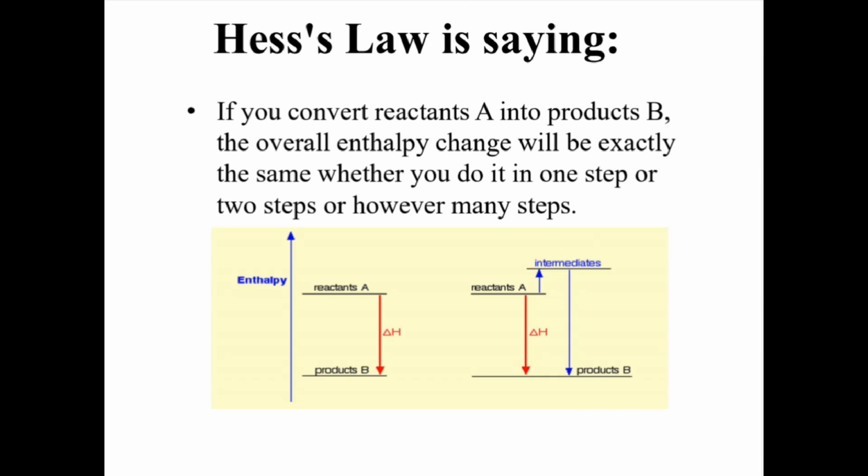So if you convert reactants A into products B, the overall enthalpy change will be exactly the same whether you do it in one step or two steps or however many steps. ስለዚህ ምን ማለት ነው?